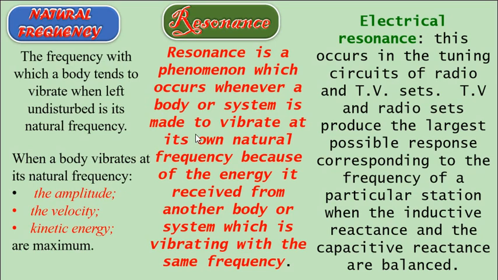The inductor produces a reactance to the flow of current. The capacitor also produces a reactance to the flow of current. At the point where the inductive reactance becomes equal to the what? Capacitive reactance, electrical resonance will take place. So that's the first type of resonance we have, electrical resonance.